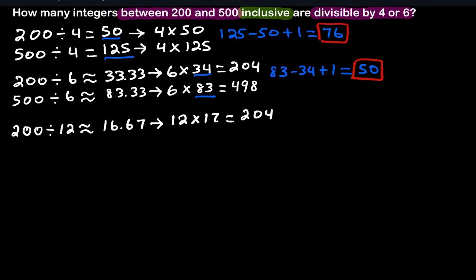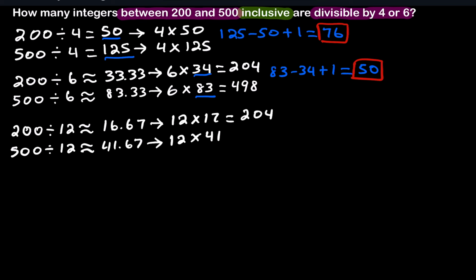Next, we're taking 500 divided by 12, and this is approximately 41.67. And the last multiple in this range is 12 times 41.